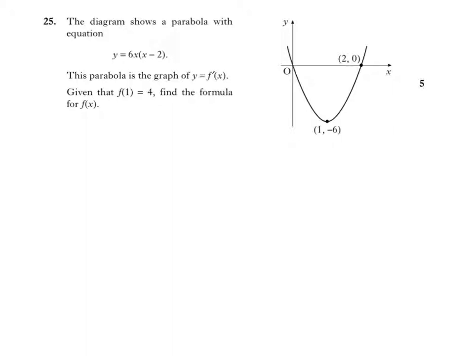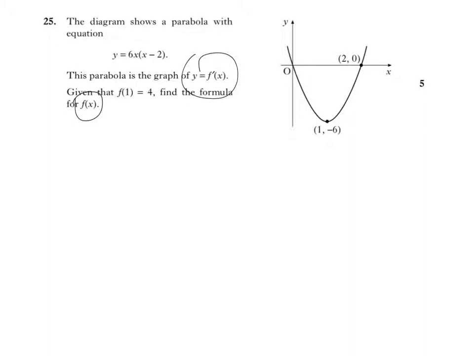Section 11, question 7. The diagram shows a parabola with equation y equals 6x bracket x minus 2. The parabola is the graph y equals f dashed x. Given that f of 1 equals 4, find the formula for f of x. So again, we're given f dashed x and we're looking for f of x, so that's an integration question.